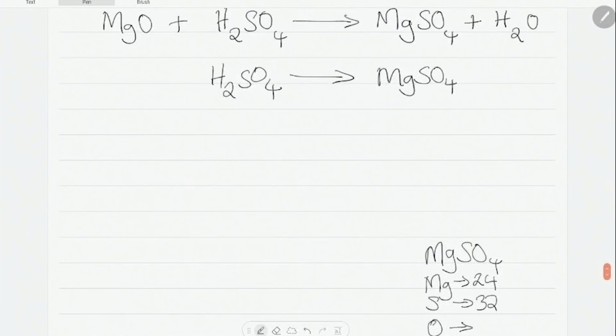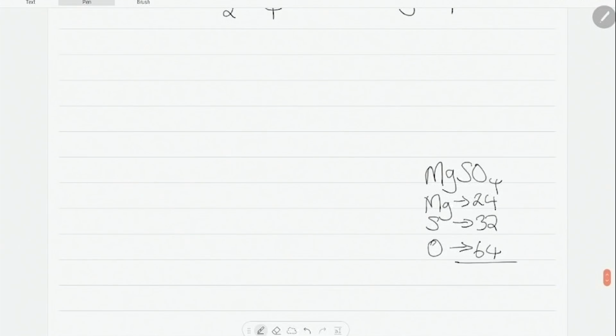So 16 multiplied by 4 will give us 64. Then we add: 64 plus 32 plus 24. We'll have 120, yes. So we'll say 120.